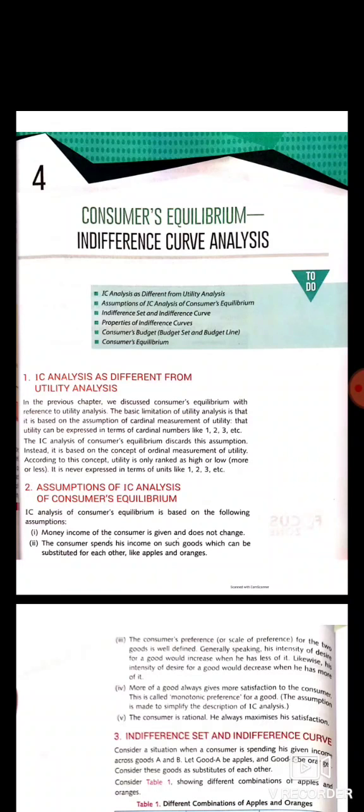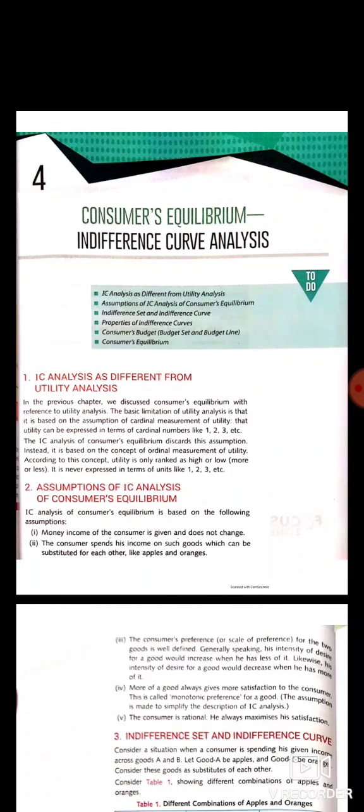So while we study indifference curve, it assumes certain things. So what are those assumptions? First one is money income of consumer is given and it remains constant. For example, if a person was earning rupees 60 earlier, then now he will earn rupees 60 also.